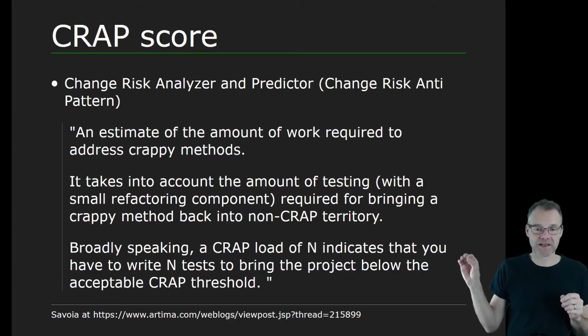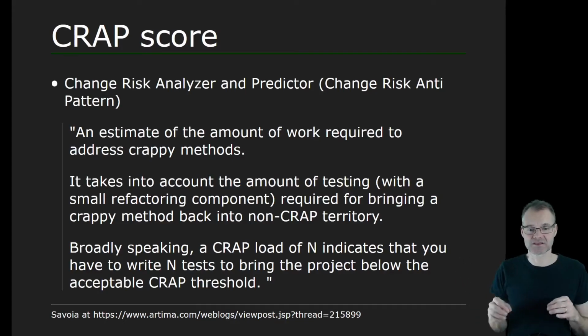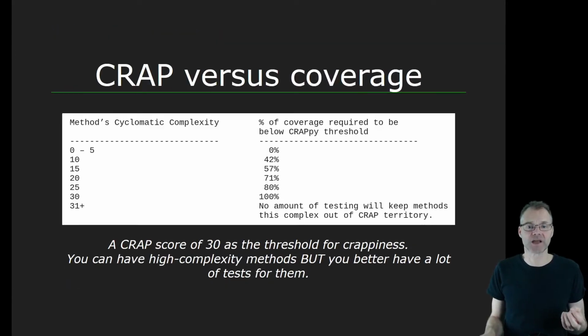And broadly speaking, a CRAP load of n indicates that you need to write n tests to bring the product below this acceptable CRAP threshold. So the CRAP score relates complexity with how well tested the software is, how much code coverage we have.